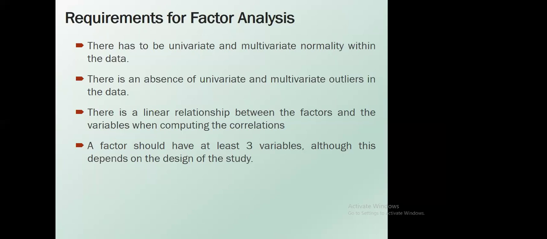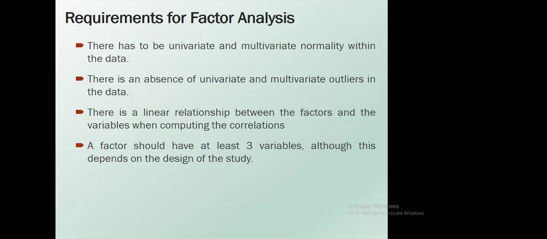Then the third one: there is a linear relationship between the factor and the variables. As I already said, variables should be linearly related with each other, which is checked by correlation, and we'll do that. A factor should have at least 3 variables, although this depends on the design of the study. Now, when we make the factors, we have to be sure that there are at least 3 variables in that factor.